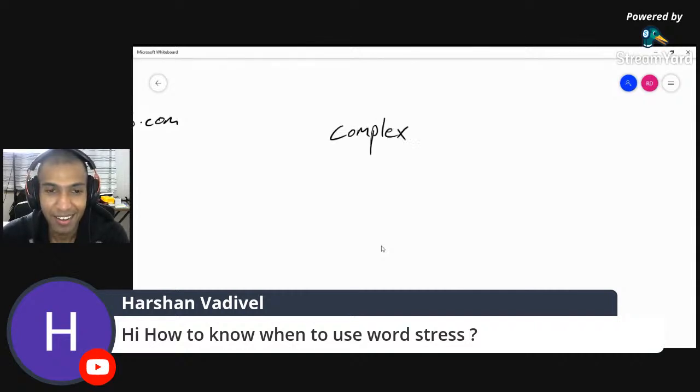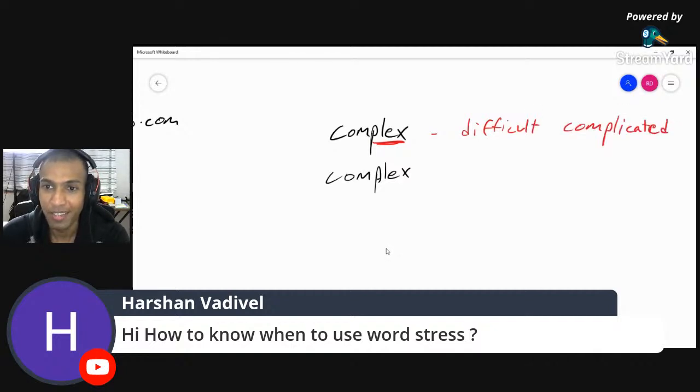complex and complex. All right. And they're both spelt exactly the same. The first one has the stress on the second syllable, complex. And this means something like difficult or complicated, right? That's what it means. Then the other word, complex, where we stress the first syllable.